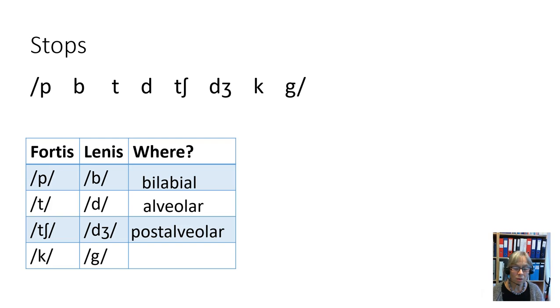Here we press our tongue up a little further behind the alveolar, and therefore it's called post-alveolar. And finally, k and g are also unvoiced and voiced variations of the same sound, really. You pronounce them in the same place and in the same way by pressing the back of the tongue up towards the soft palate, the velum.